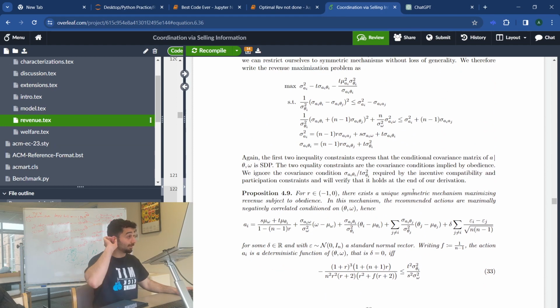If lambda is 0, it means that the first one is not binding.